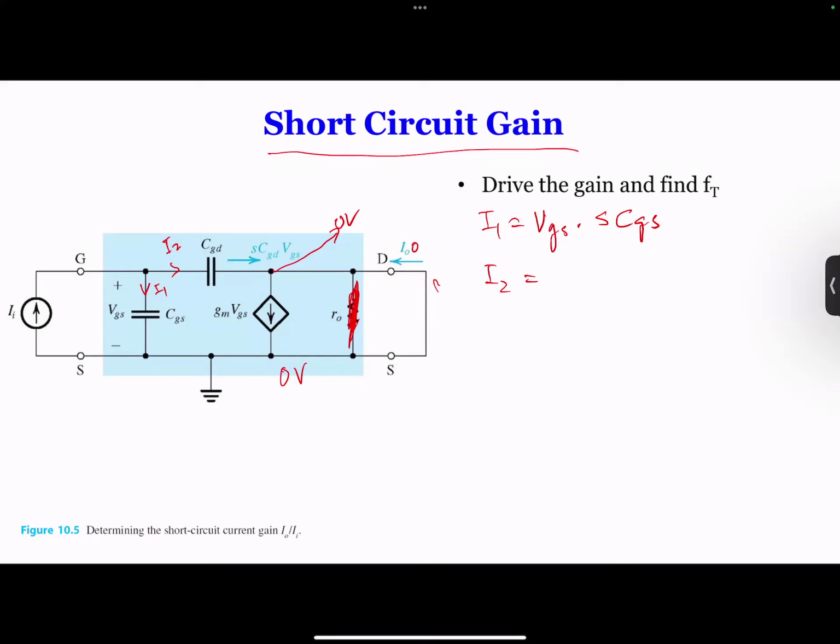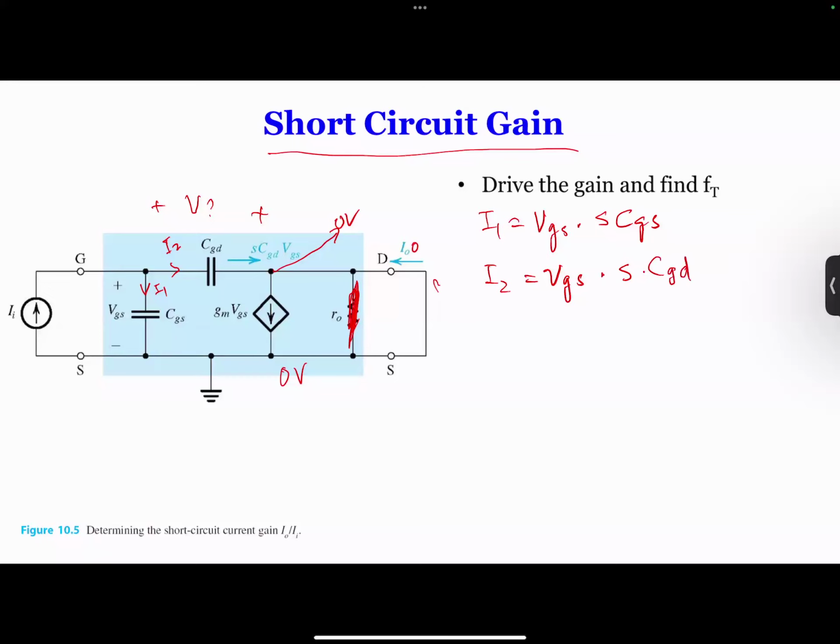To do that, what is the voltage between G and D? What is the voltage here? VGS, because this side is ground and the other side is VGS. So the current will be VGS times S times CGD.